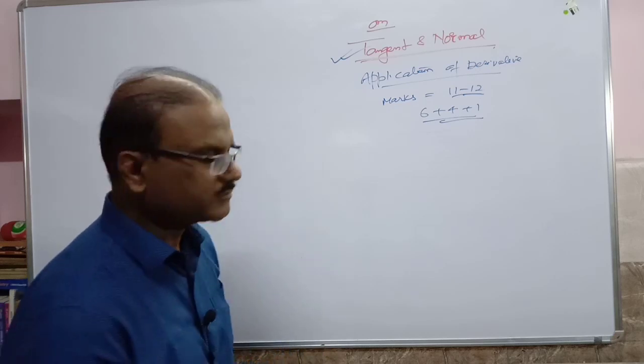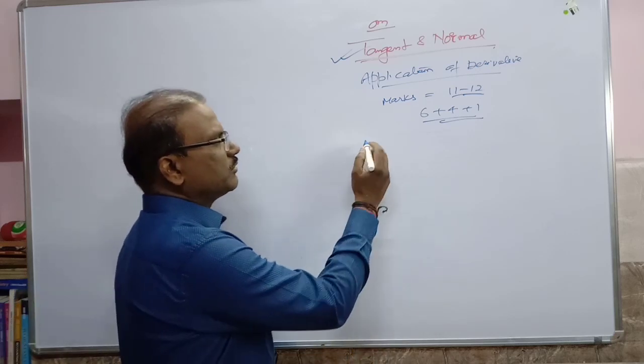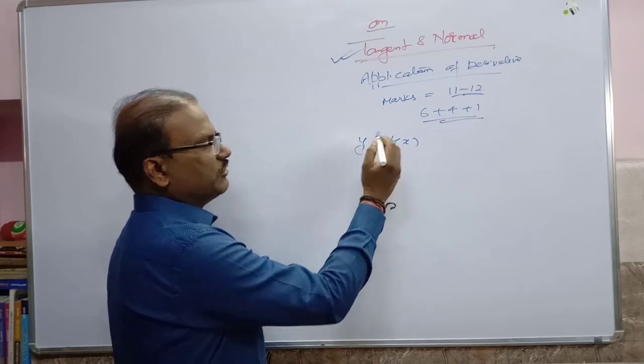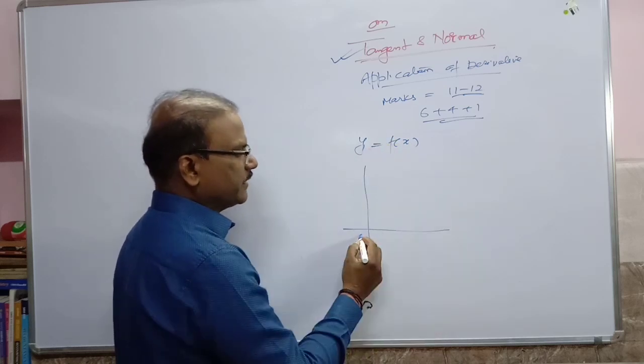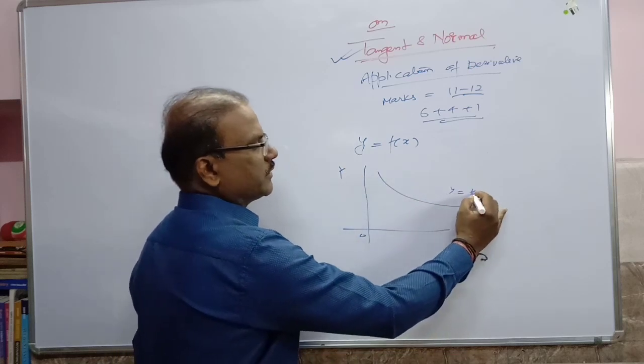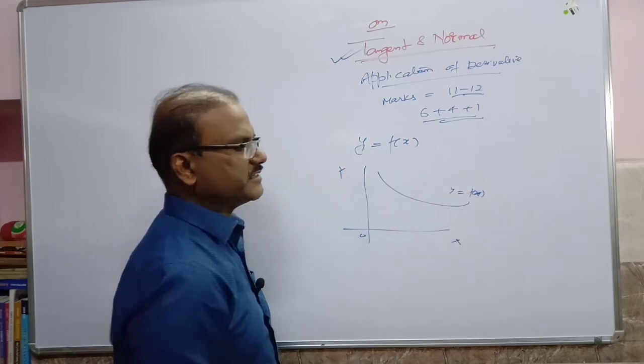Let's start. Tangent and normal. Before tangent and normal, we should know y is equal to f(x). As we know, this is the x-axis, this is the y-axis, so this is a curve. y is equal to f(x) is a curve.